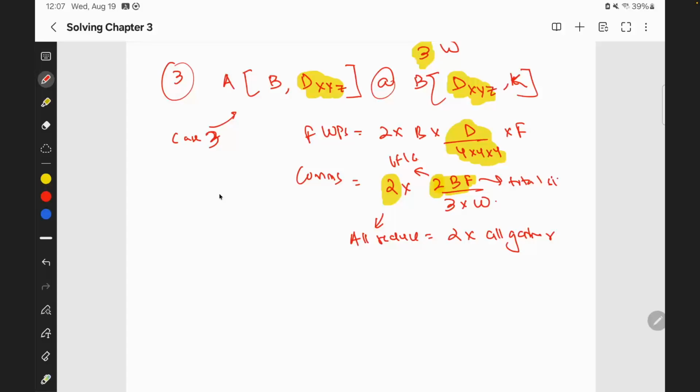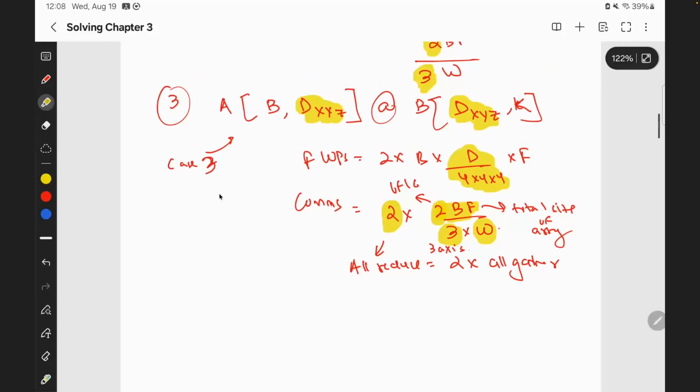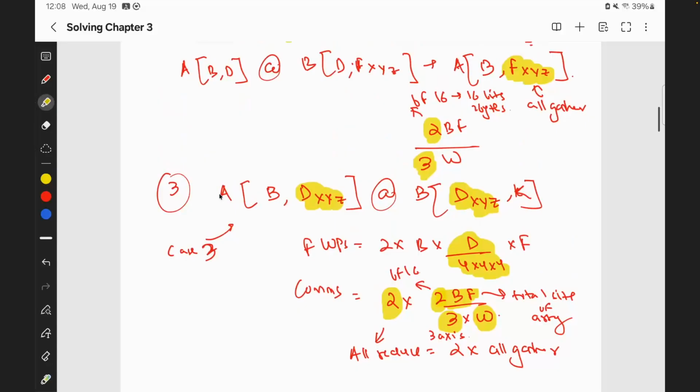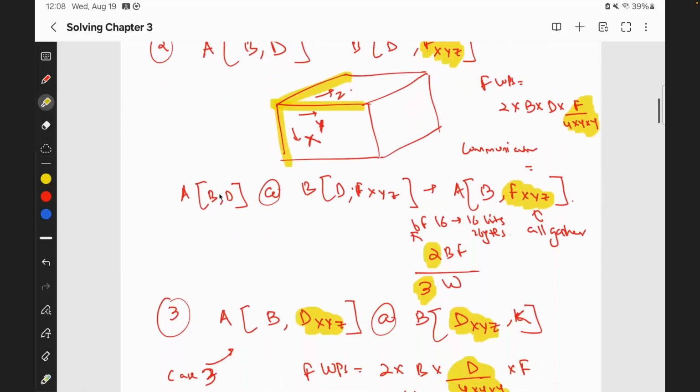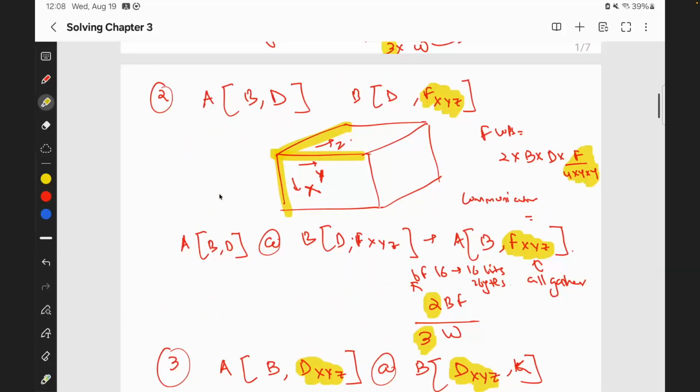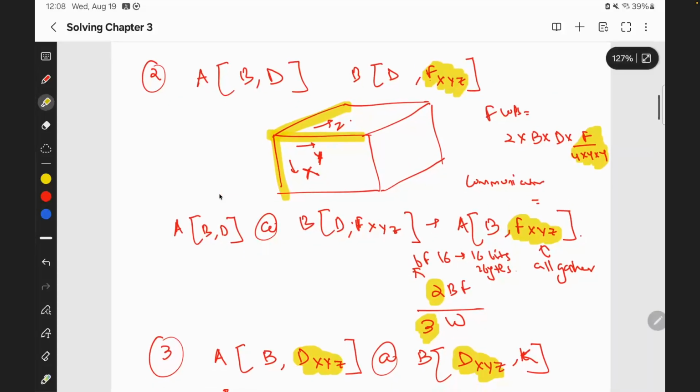And this 3 comes from the fact that we have 3 axes and we are doing them simultaneously, and this is your bandwidth. So you can see that for comms you are paying a lot here, so this won't have good latency as compared to the earlier two cases that I described, where you didn't have the contracting dimension being sharded.